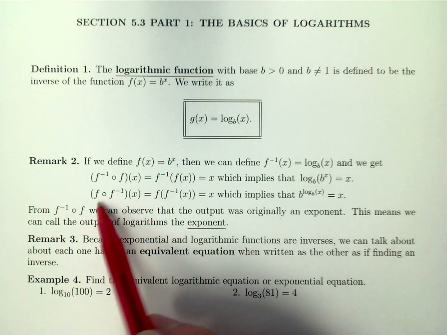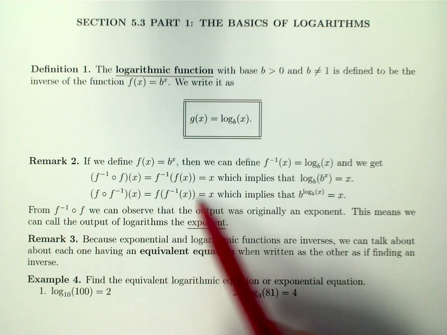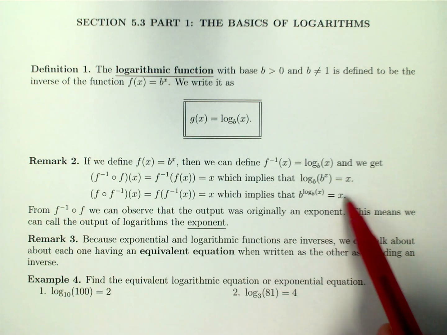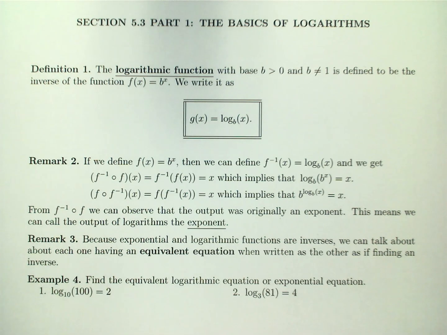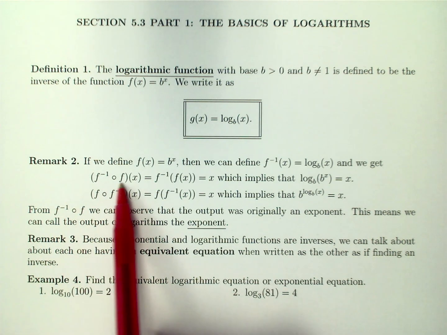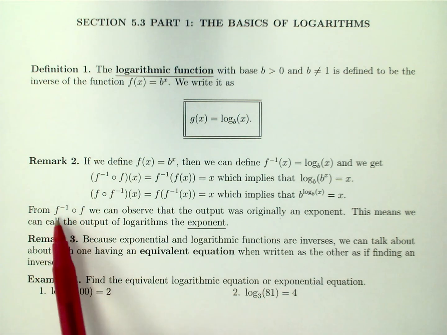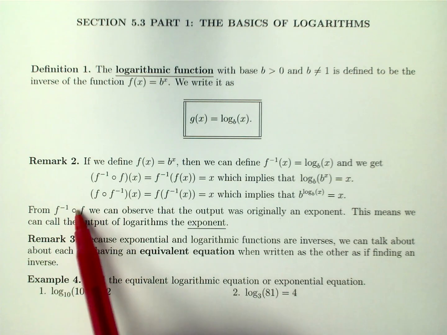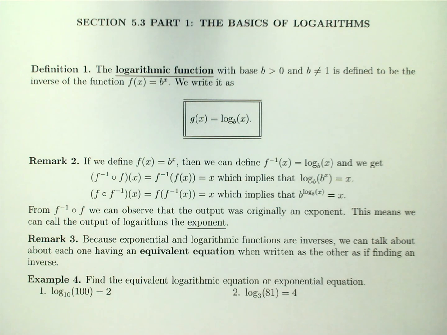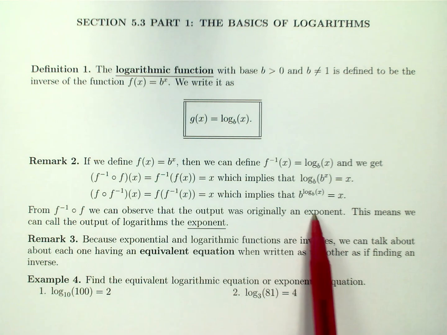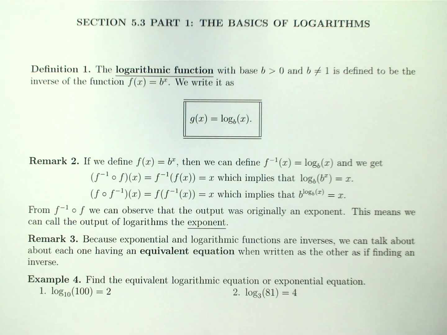You can compose them the other way as well, and b to the log base b of x is also x. But more importantly, from the first one that we looked at, f inverse composed with f, we observed basically the output was originally an exponent. Again, this means that what we call the output of logarithms is an exponent.